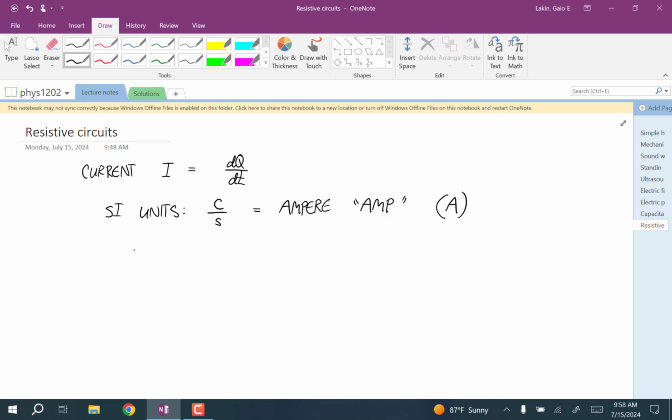Current can only flow through a complete circuit.